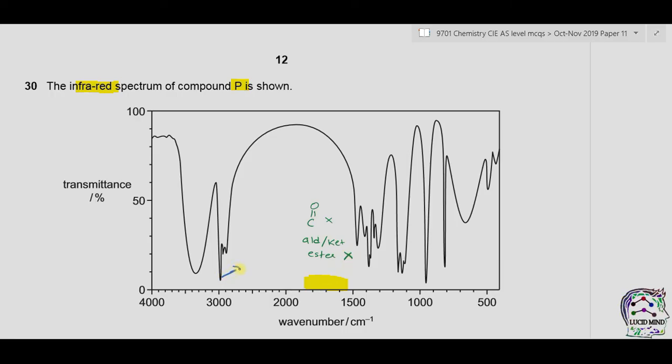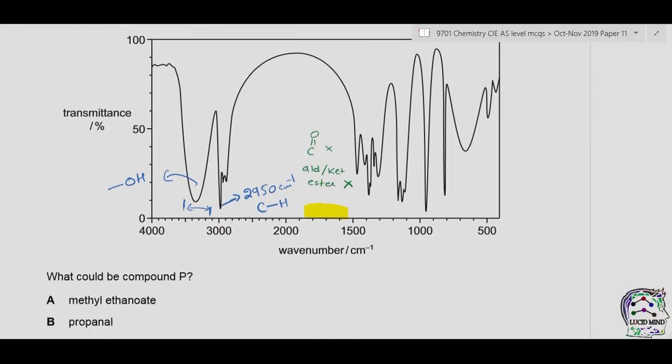We can see that this peak is present at 2950 per centimeter, so it could be of carbon and hydrogen. And this broad peak is present between 3200 and 3600, so it could be because of the presence of an alcohol functional group.